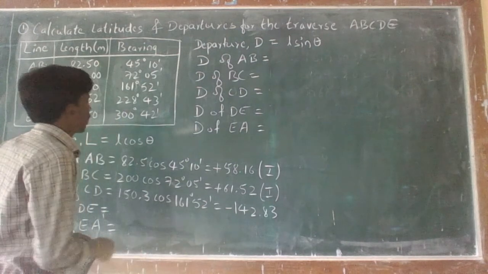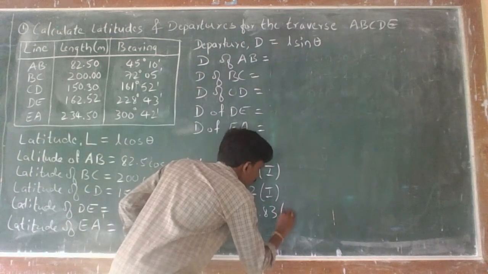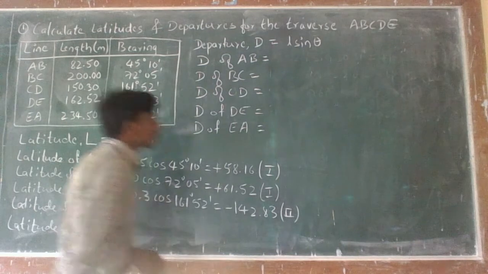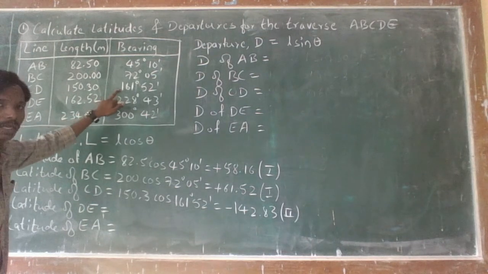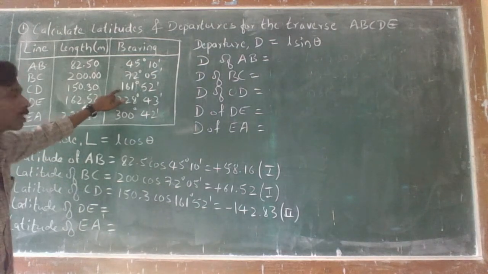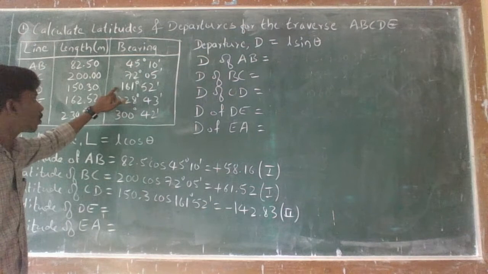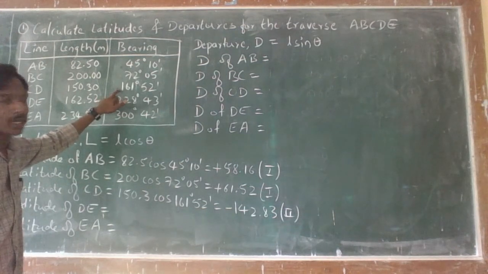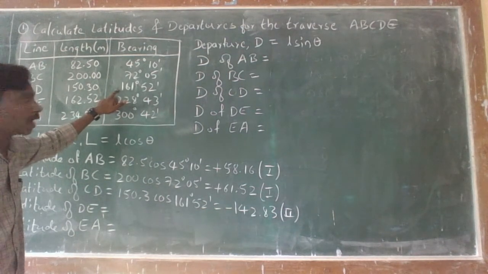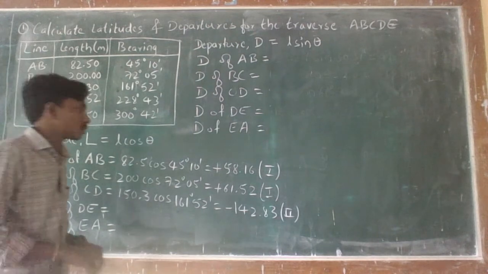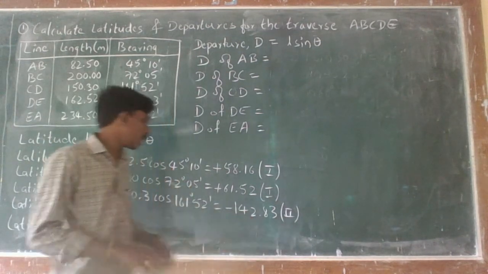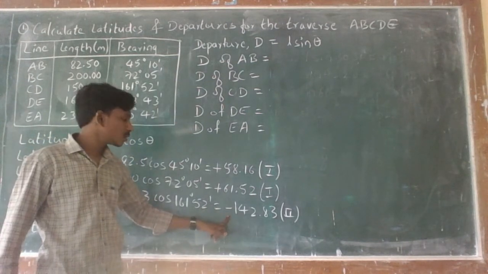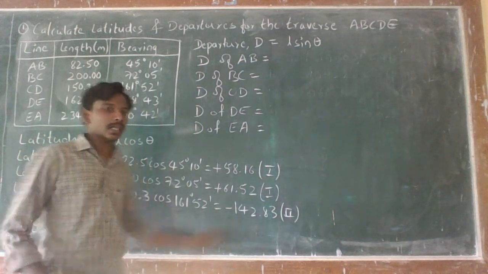So here this will be second quadrant, because here you can see the bearing of CD is 161 degrees, which is less than 180 degrees and greater than 90 degrees. So greater than 90 degrees and less than 180 degrees will lie in second quadrant. So the latitude of CD lies in second quadrant, and here the latitude will be southing. So this will be minus.